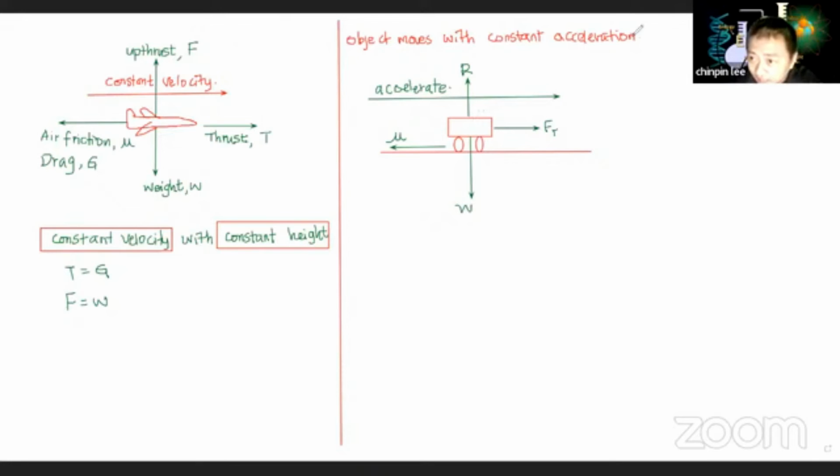When you see the word acceleration, it means it is not equilibrium. It means the forward force, Ft, is more than the W. This one minus this one, you get a net force. R is equal to W. Why? Because this trolley is not going to accelerate upward. It is accelerating forward. So up and down are still the same.